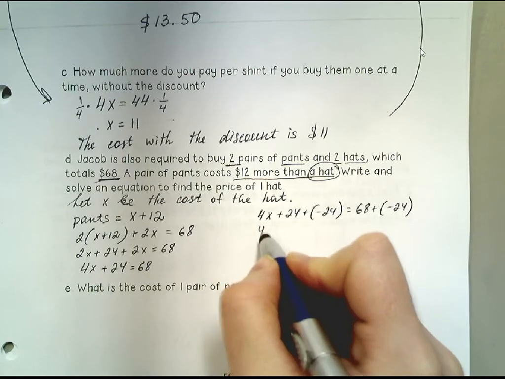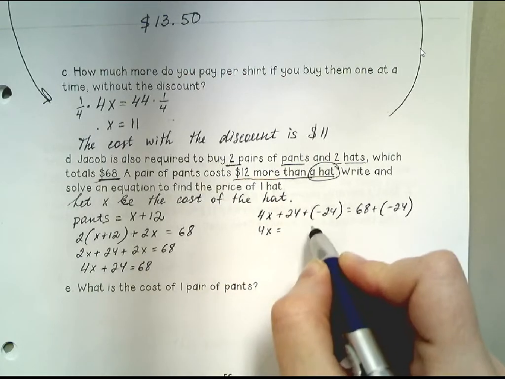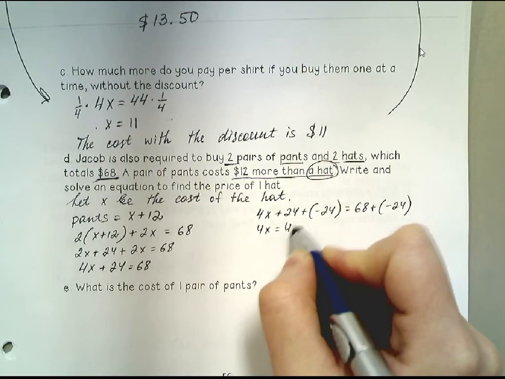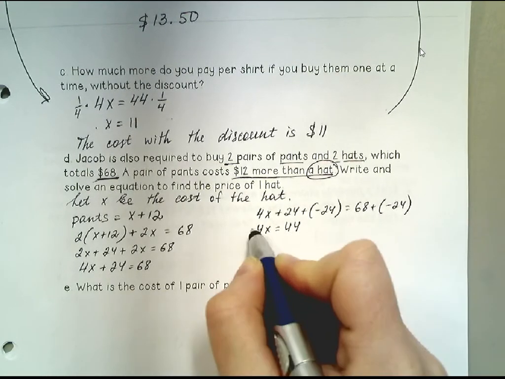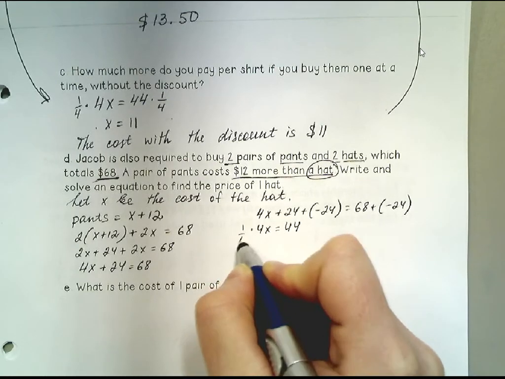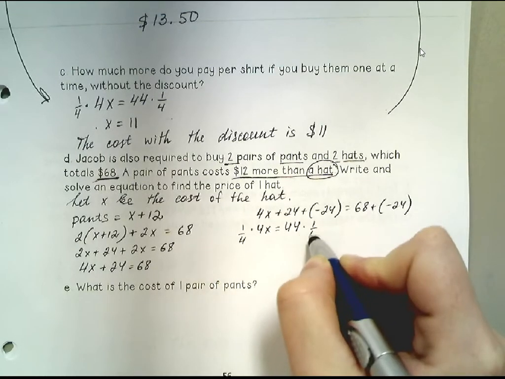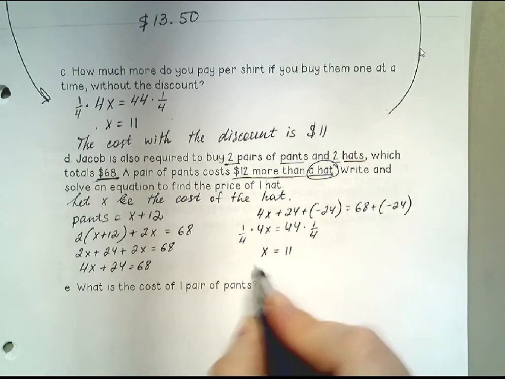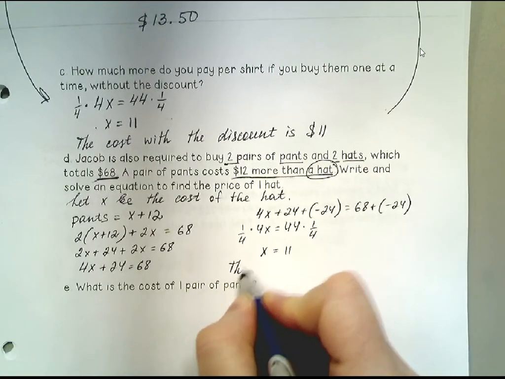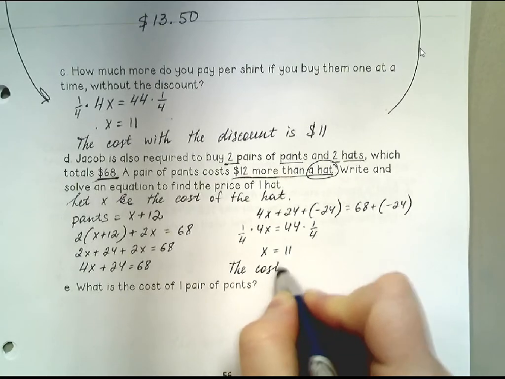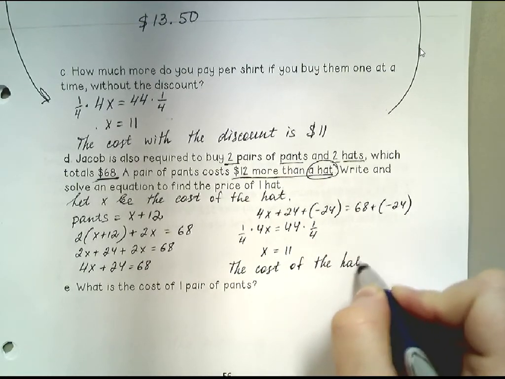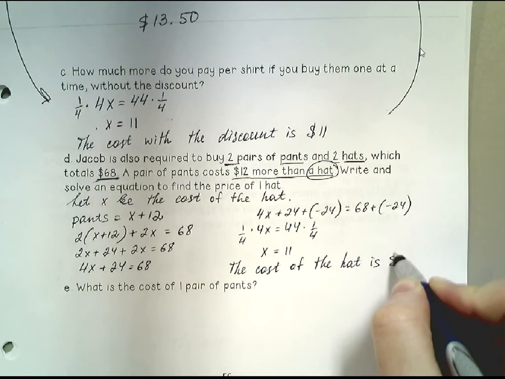So we will have 4x equals 44. And we are multiplying by the reciprocal, 1/4, and our x equals 11. So the cost of a hat is $11.